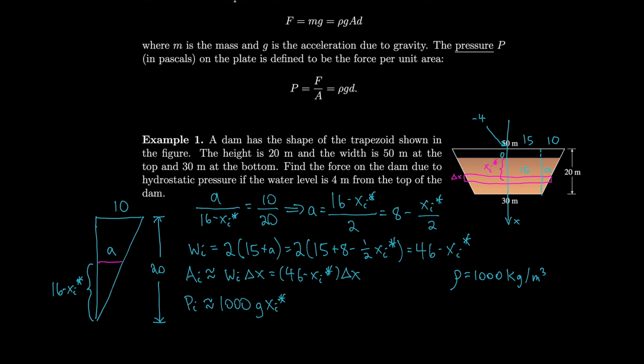Now that I have the area of one of these plates and I have the pressure, I can figure out what the force is, because I can just take pressure times area and I can get the force. So let's do that.